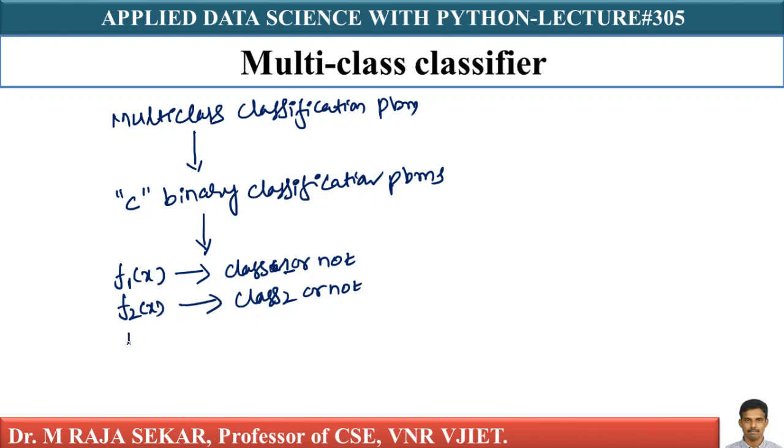In similar manner, fC(x) says class C or not. Now we are using data set Dn to convert the multi-class classification problem into C binary classification problems: f1(x), f2(x), and so on up to fC(x). We solve each of these problems.